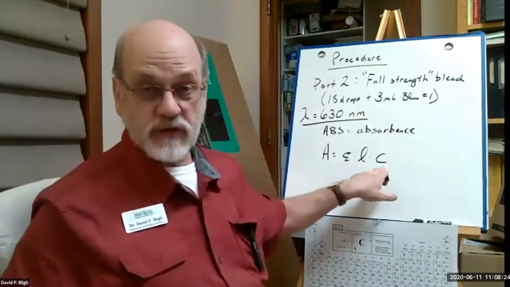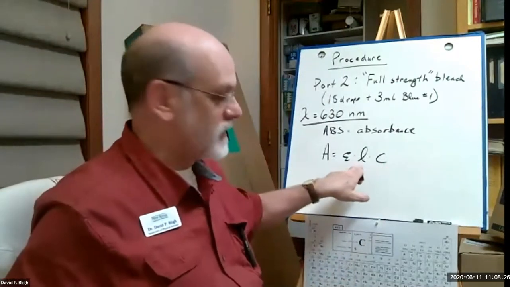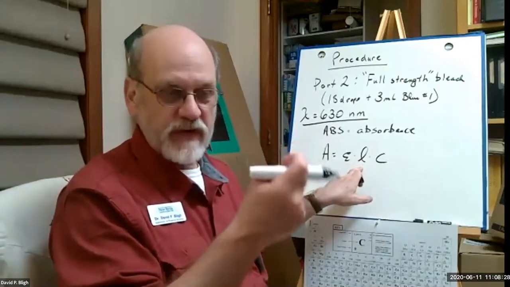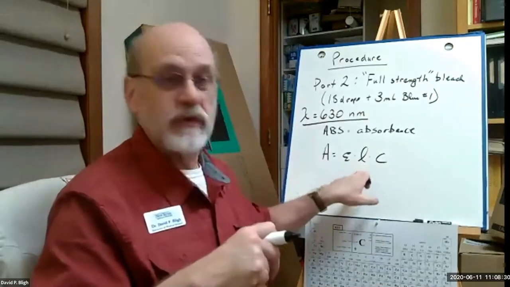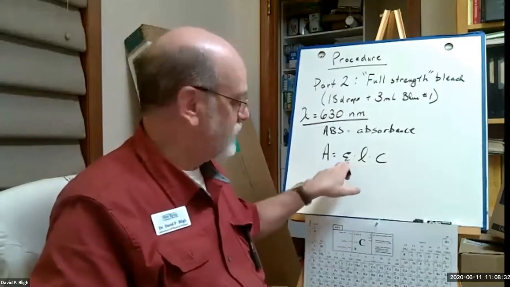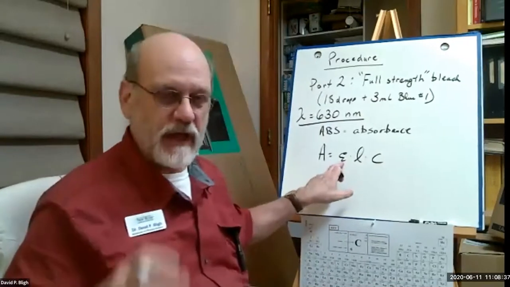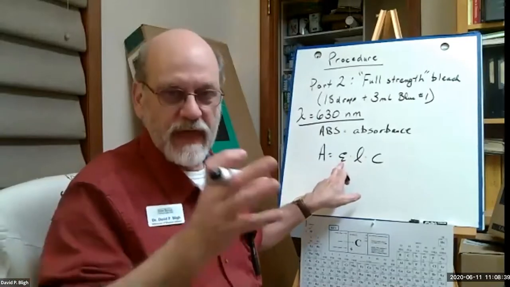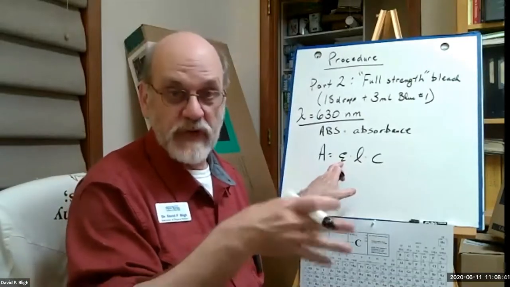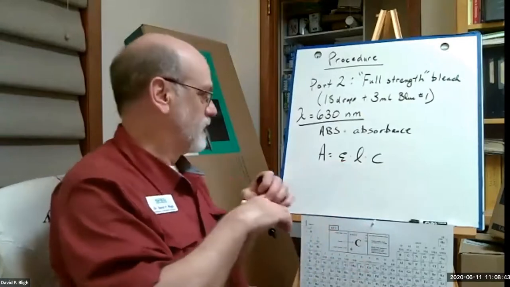This is the concentration, right? This is the path length. How far does the light have to travel through the solution? And this is what's called the molar absorptivity. It is characteristic of the molecule that is absorbing the light, in this case, the blue dye number 1, right?